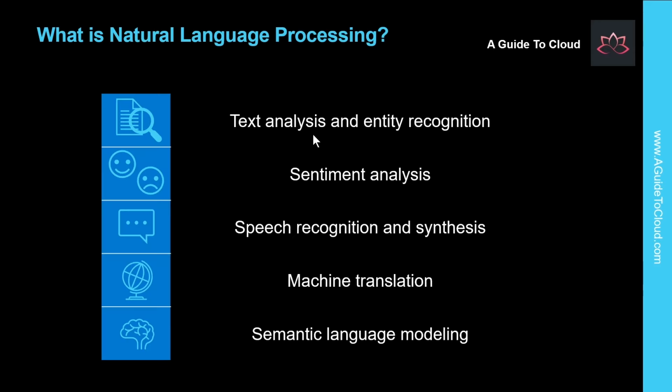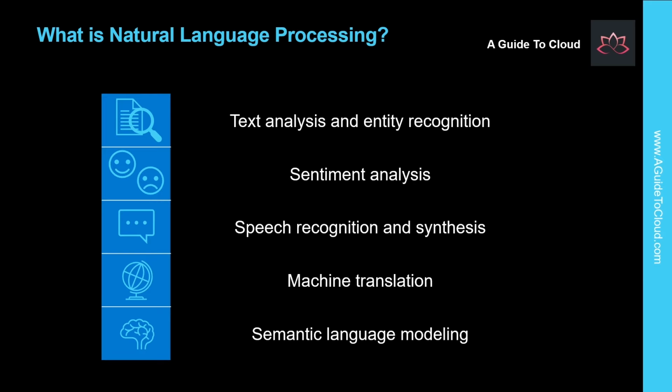So, what is natural language processing? NLP, or natural language processing, is the area of AI that deals with creating software that understands written and spoken language. NLP enables you to create software that can analyze text documents to extract key phrases and recognize entities such as places, dates, and people.